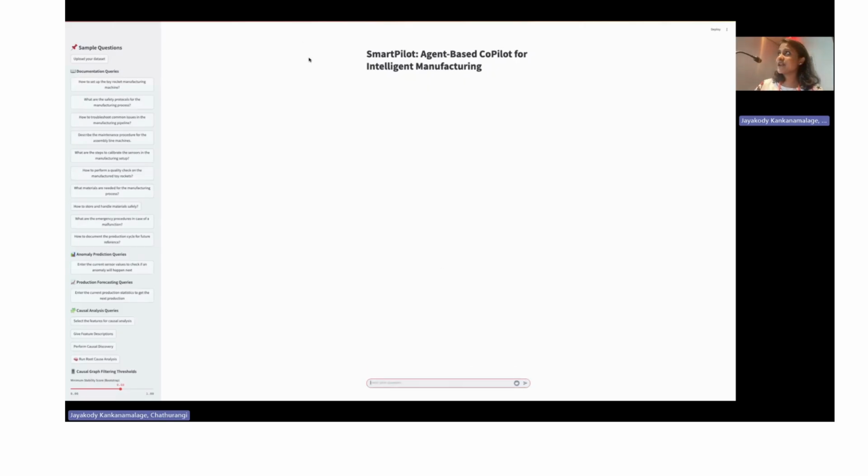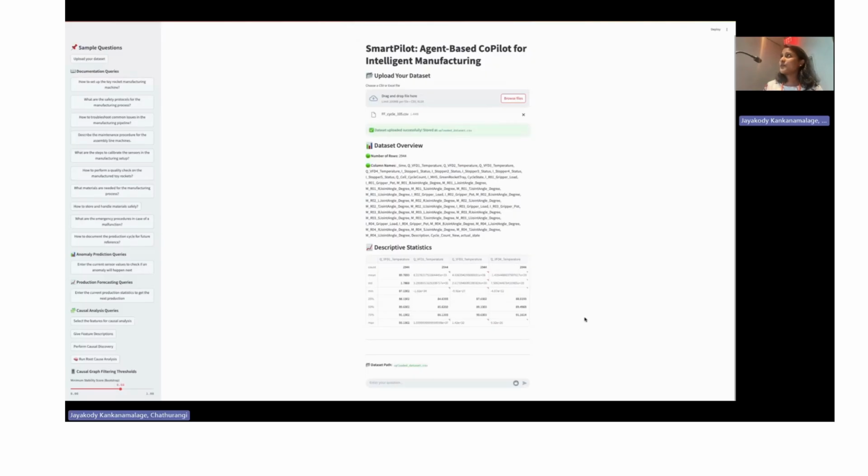So before that, actually, we have to upload the dataset here. So I will take a sample of the real-time sensor dataset and I will upload it here. So it will give me an overview of the dataset with the number of rows and columns involved.